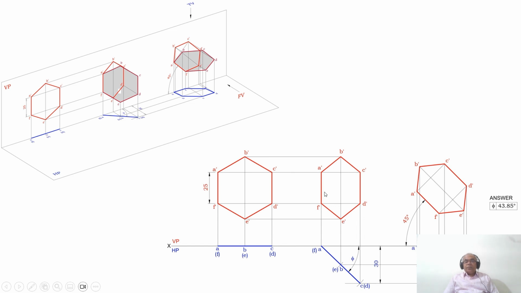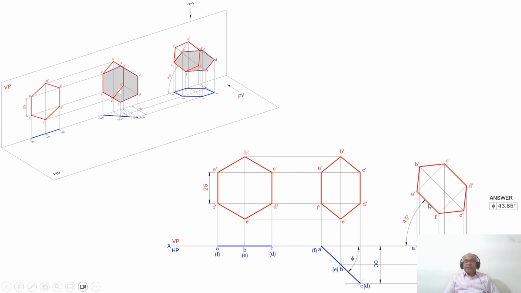Then by using the compass, with this as center, taking the radius from this point to B dash, transfer it from this point towards the left side, to mark that point as B dash. Similarly, you measure the distance from this point to E dash, which is same as from this point to B dash. So from here, you transfer it on the beneath side and you mark this point as E dash.